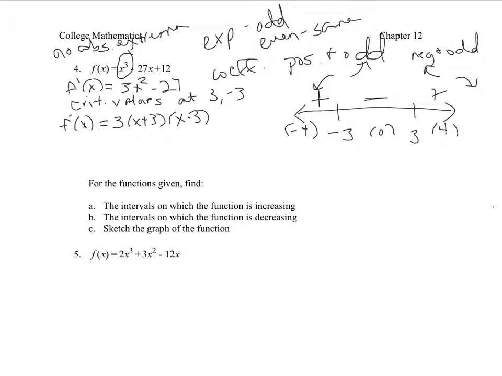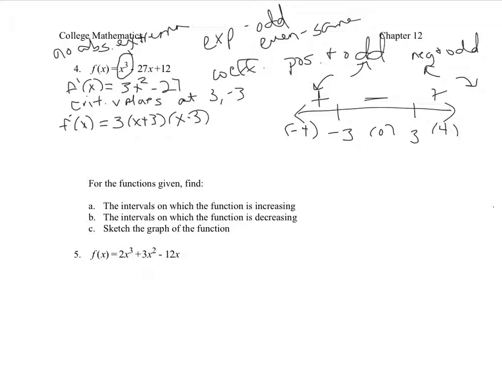So how many sign changes do you see here? Is there a sign change at -3? Yes, because to the left is positive, to the right is negative. Is there a sign change at +3? Yes. Now, here's what that tells me. If I go from positive to negative, that means this is a what? -3 is going to be, which one?